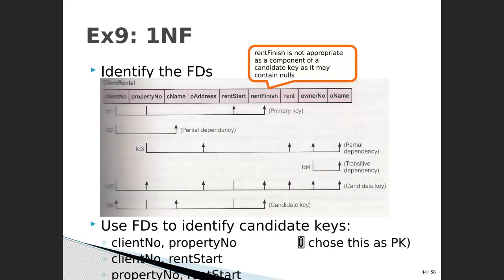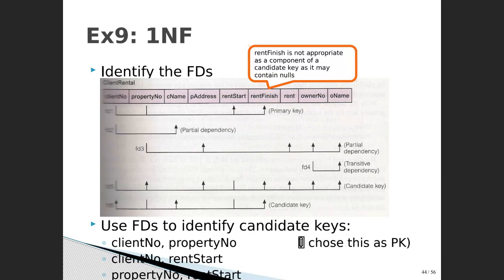Both client number and property number will be determinants for many of these attributes. The client number and property number as a primary key will identify the rent start and rent finish.